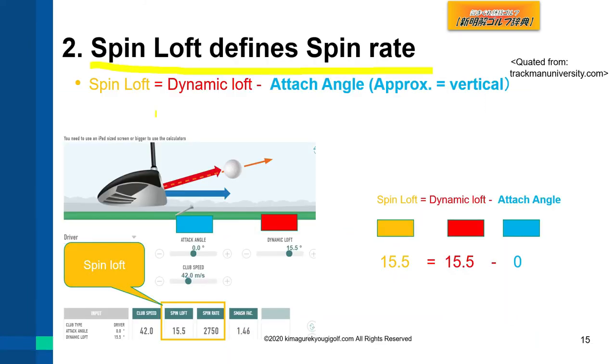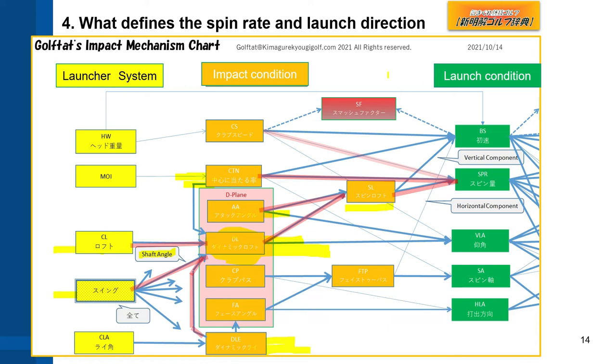Next, we're going to discuss the spin rate. What decides the spin rate? Spin rate is over here, and the spin rate is decided by club speed and centeredness and the spin loft. And the club speed has a minor influence on the spin rate in driver impact.